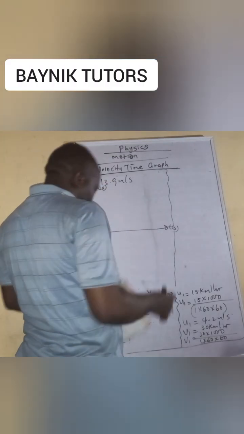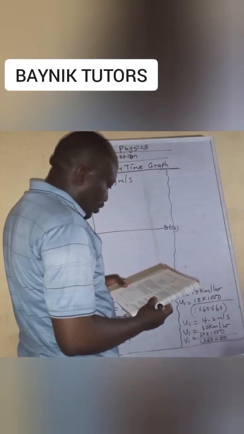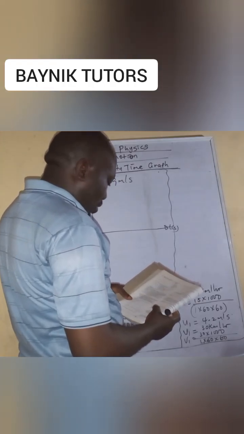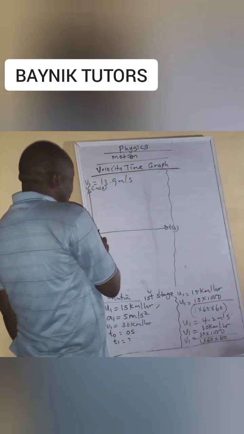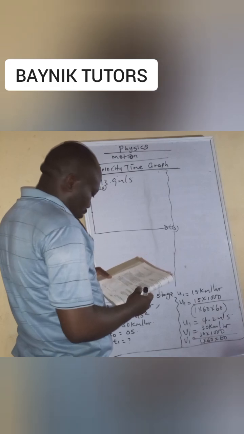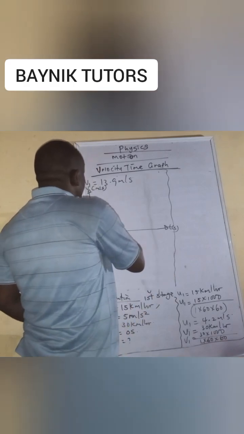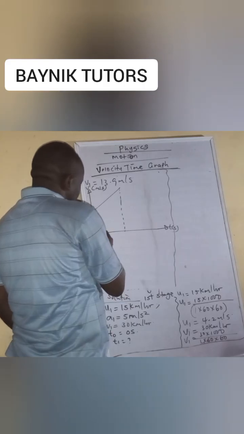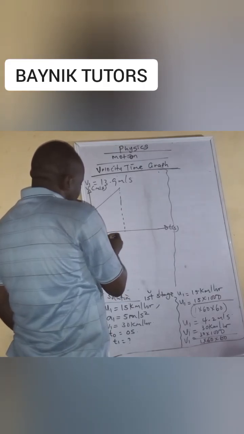Since we were told the car starts with an initial velocity of 15 km per hour, it can't start from here. It has to start from somewhere here. So it will move up like this. So this is my T naught, which is 0 seconds.